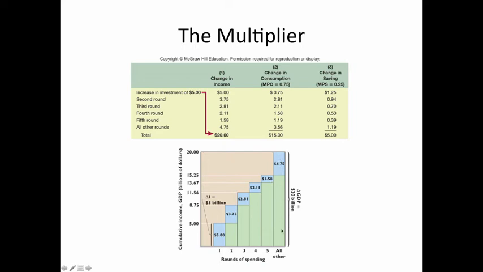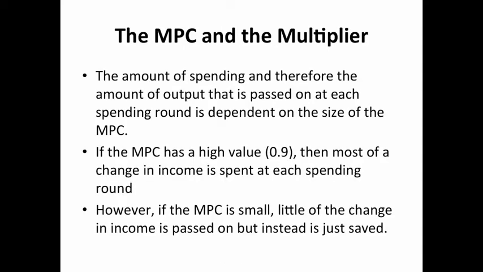And again, when we add up all those changes in real GDP, we get the amount of $20 billion. So, understanding the multiplier process, again, is very important to us, understanding how the economy works.